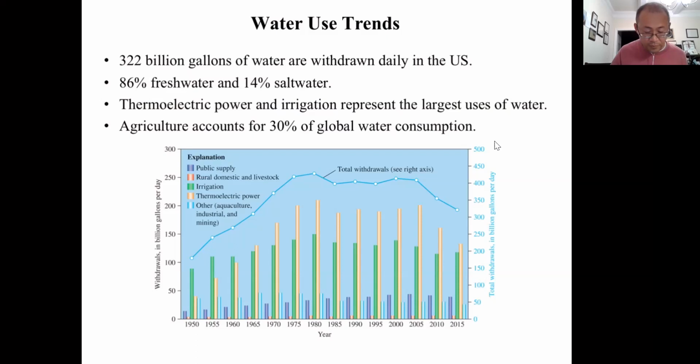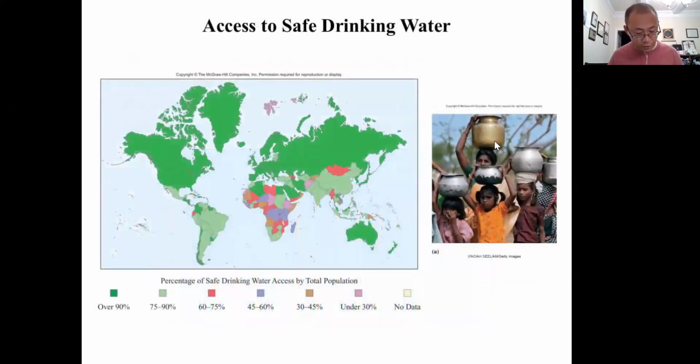So you can see in this chart the public supplies, irrigation, and thermal power, and how much water is consumed by year. And this picture shows you access to safe drinking water across the world.